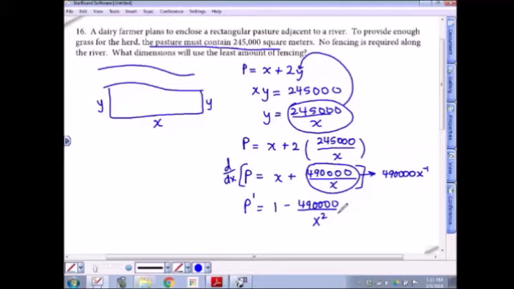Now because this is an optimization problem, we want to find a minimum or a maximum. So remember the way to do that is to set the derivative equal to 0, find the critical values, test them to see whether it's a min or a max. So I'm going to add this expression here, the 490,000 over x squared, to the right side and get 1 equals that.